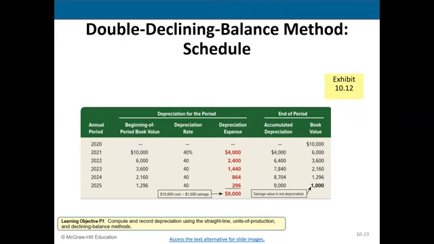I take the 3,600 minus the 1,440 to get a new book value of 2,160. 2,160 times the 40% equals 864 for the fourth year. And then I follow the same process for the fifth year. You'll notice, of course, at the end of year 5, my depreciation expense is 9,000. My book value is 1,000. Remember the salvage value.